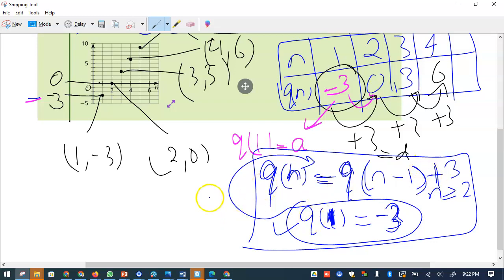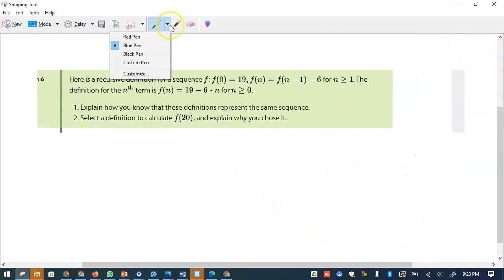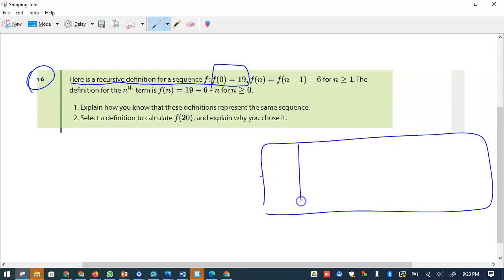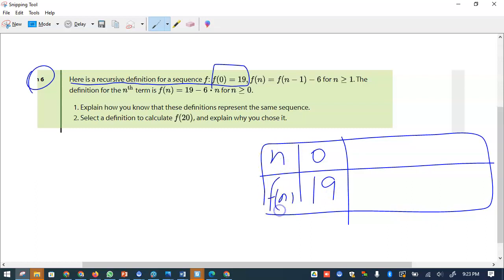So let's do the next one. Okay, this is question number 6, and here is a recursive definition. So they did give us the first one, f of 0. So if you make a table here with the 0, that's 19, and because it is n and f of n, I'll put it like this. And then they give us the recursive definition, which says f of n is f of the previous one, and you reduce every time by 6, or decrease by 6.